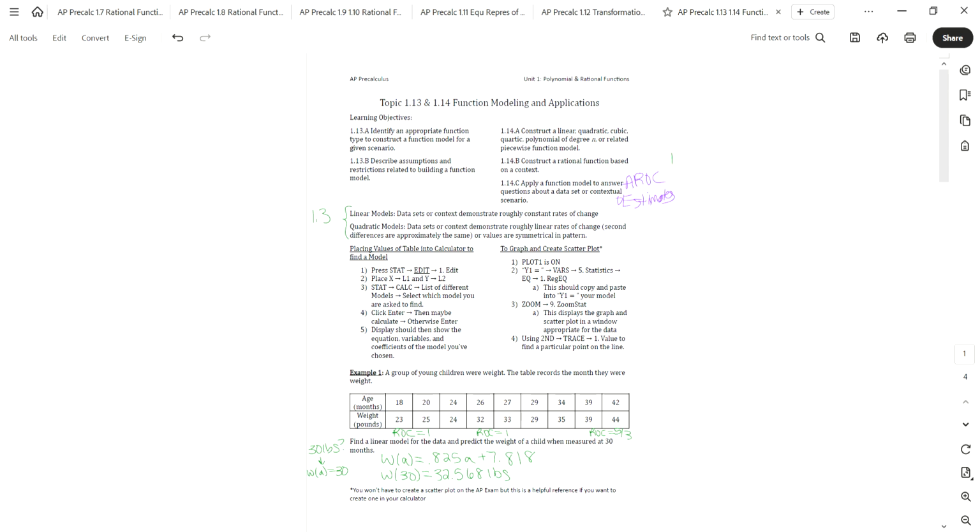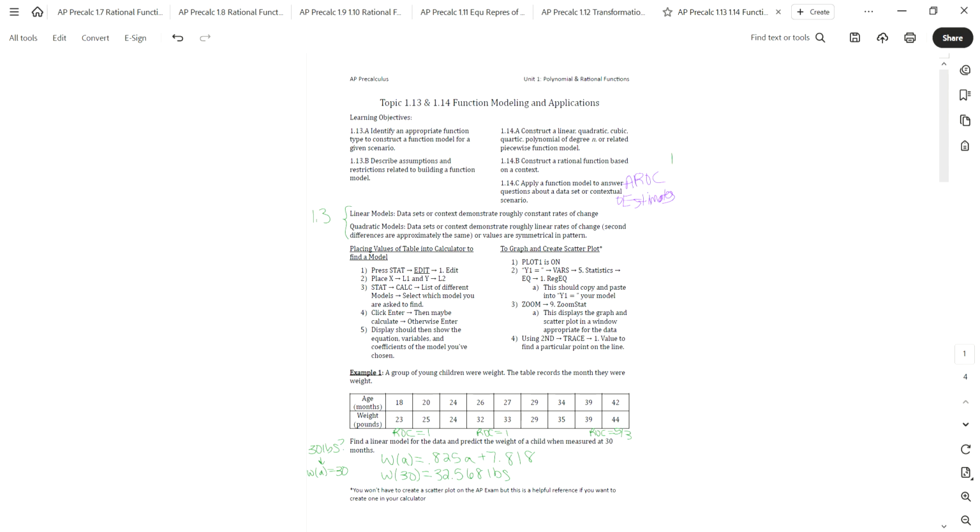Here's the other thing to remind you again. This applying a function model, if you remember the warm-up from last week, when they identified that that was an exponential model.